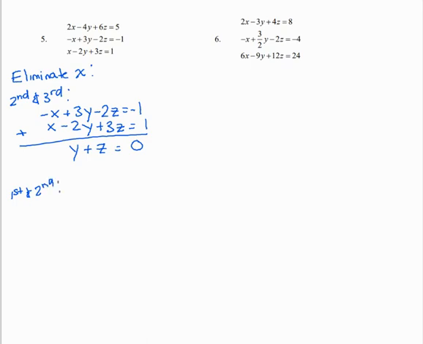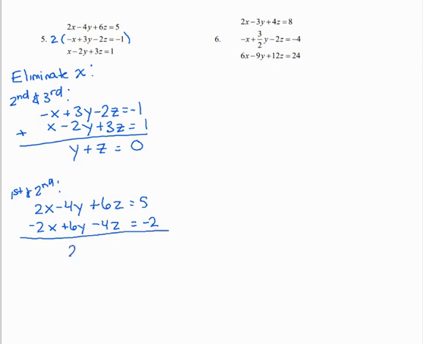To have those x's eliminate, I need to multiply that second equation by 2. So our first equation is 2x minus 4y plus 6z equals 5. And our second equation will now be negative 2x plus 6y minus 4z equals negative 2. I'll put those together.